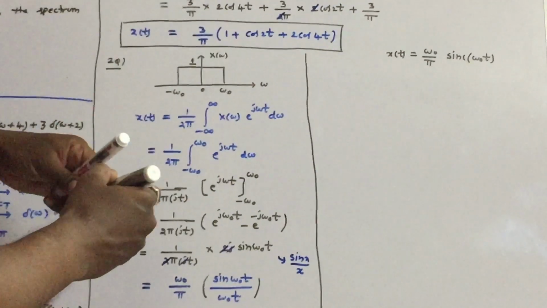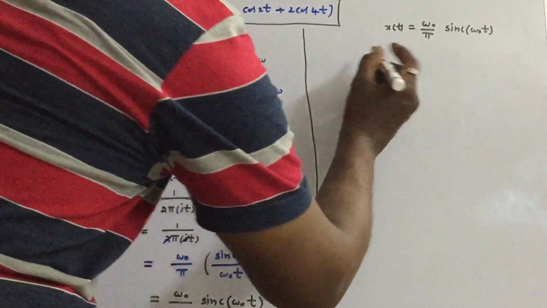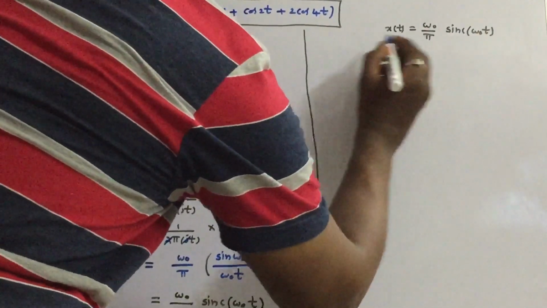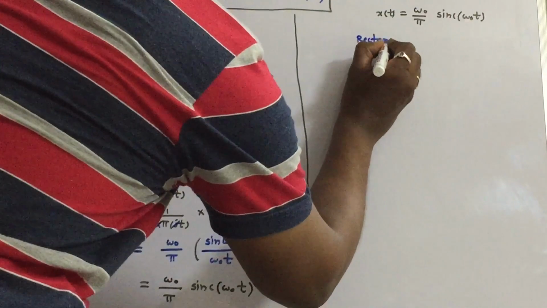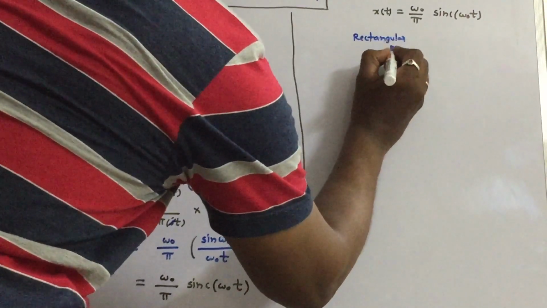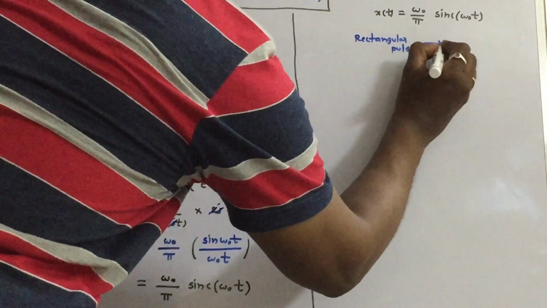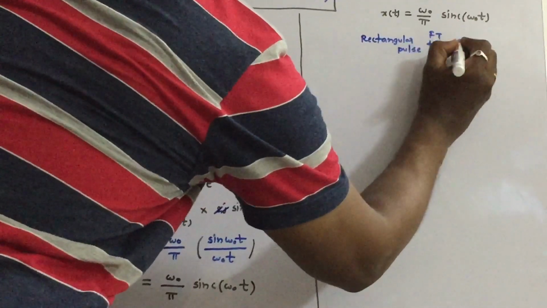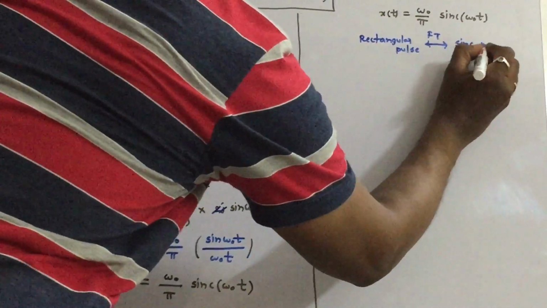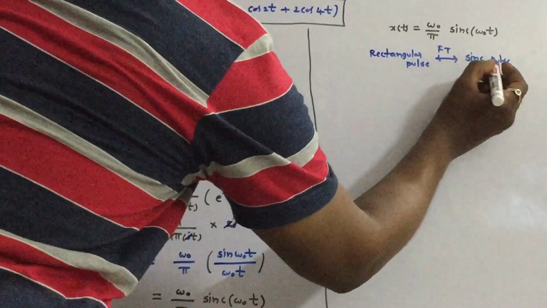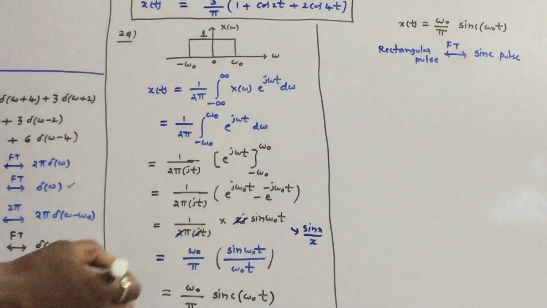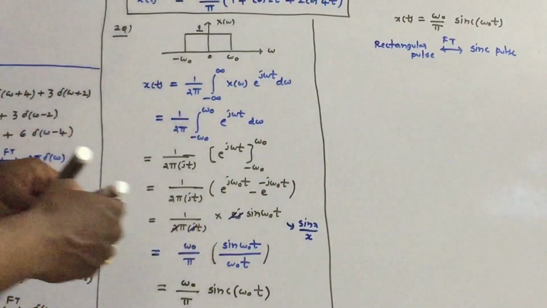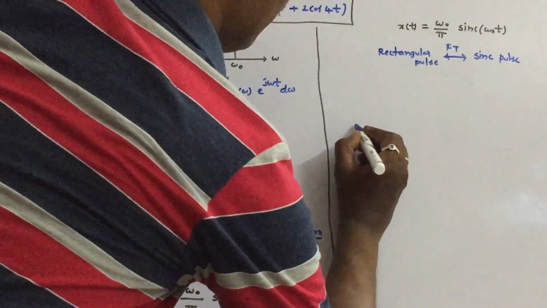The very important point for competitive exams is that the rectangular pulse Fourier transform is, as I explained, a sinc pulse, and vice versa: the sinc pulse Fourier transform is a rectangular pulse. This is very important. So let us plot this sinc pulse.